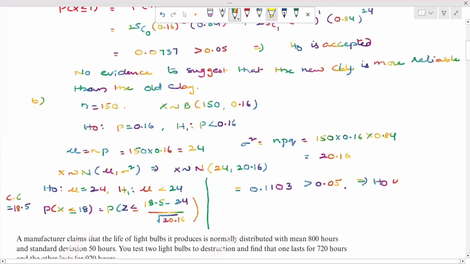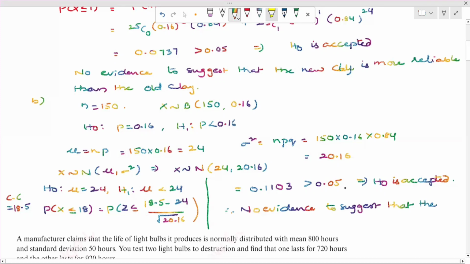So there is still no evidence to suggest that the new clay is more reliable than the old clay.